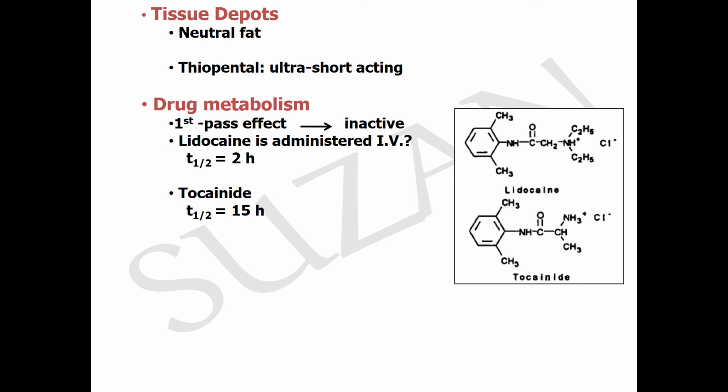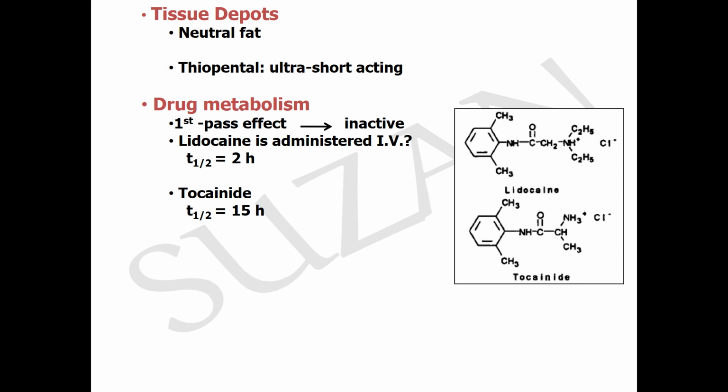Tissue depots. The drug can also be stored in tissue depots, and an important reservoir or depot is the neutral fat, which constitutes 20 to 50% of body weight. An example of a drug that can be stored in the neutral fat is thiopental.